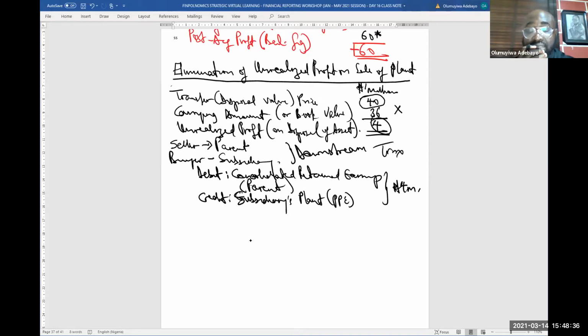And what that signifies is that the depreciation recognized by the subsidiary will be higher than what it should have been. Therefore, what do you have to do? You have to reverse it. Adjustments.